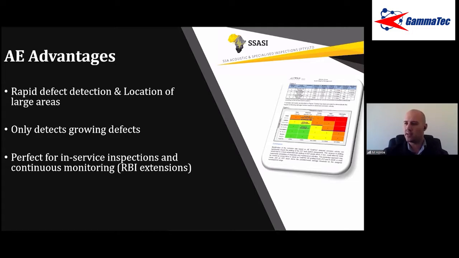It's also very well suited for in-service inspections because the sensors just need to be attached to a part of the structure that's acoustically coupled. You can also use these in-service inspections to fit into a continuous monitoring or an RBI, risk-based inspection program to get credits and push out our inspection dates.